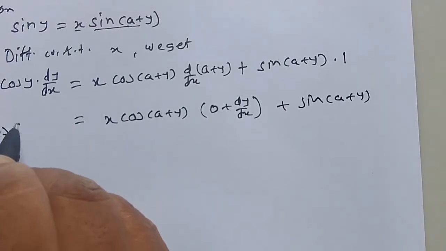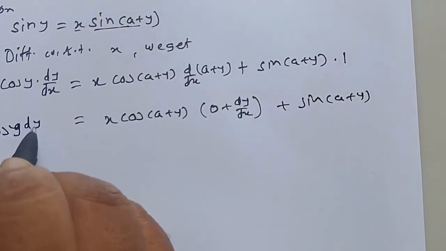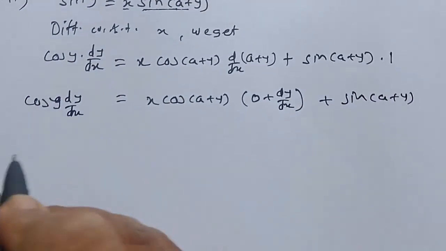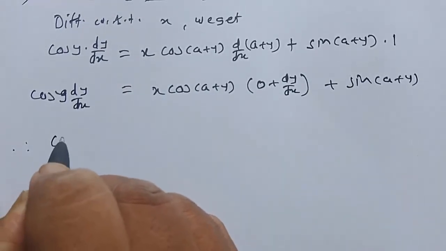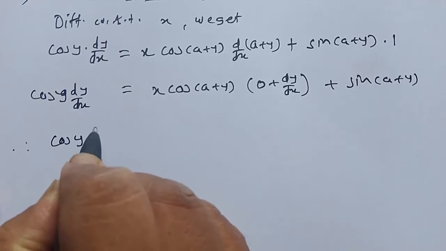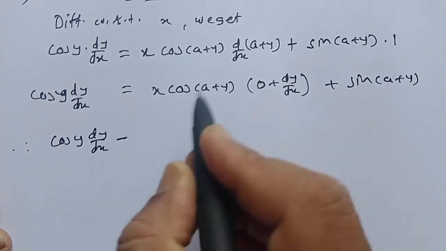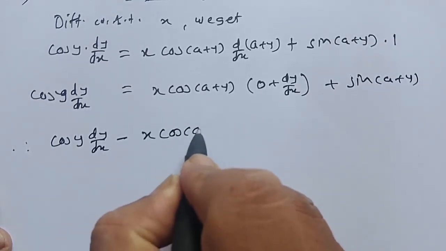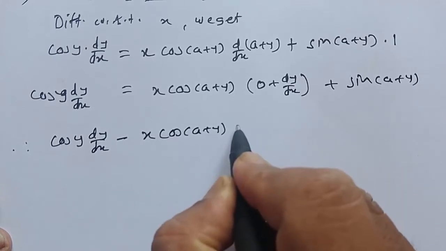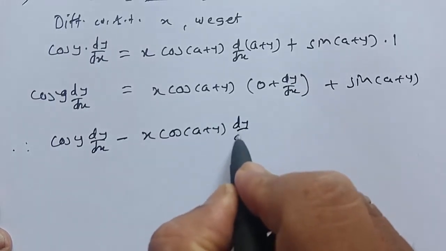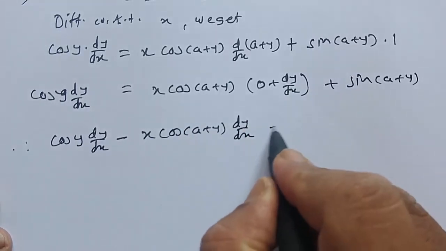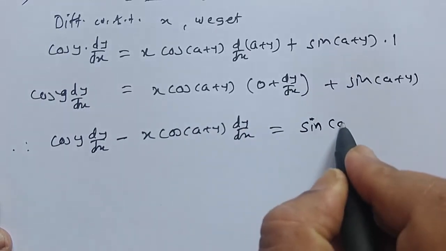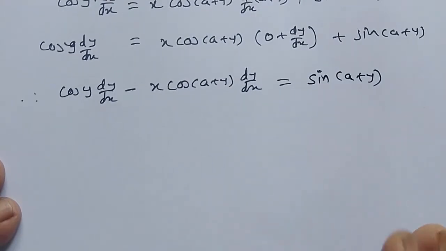So it is cos y dy/dx minus x cos(a + y) dy/dx, taking this term to the left hand side, equals sin(a + y).